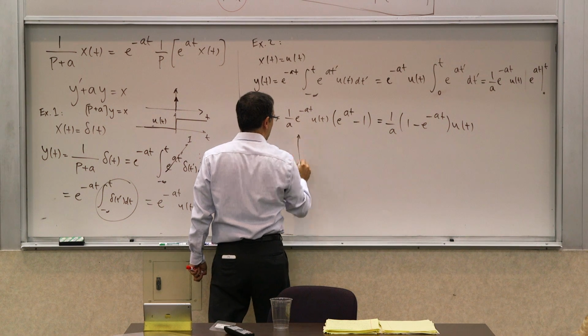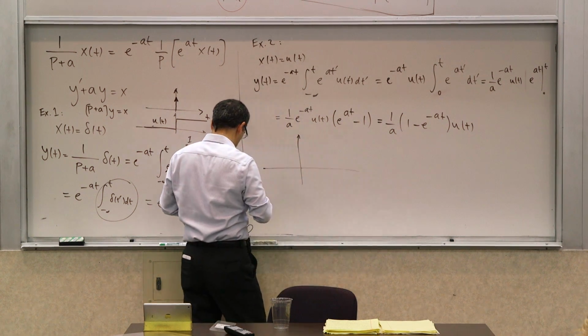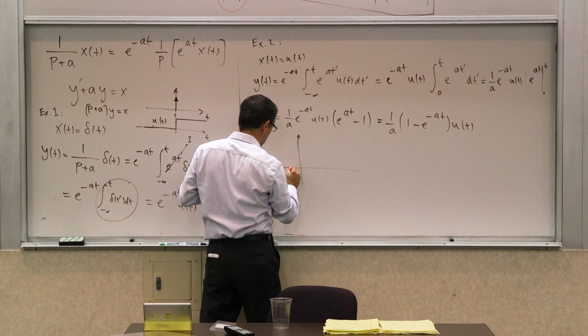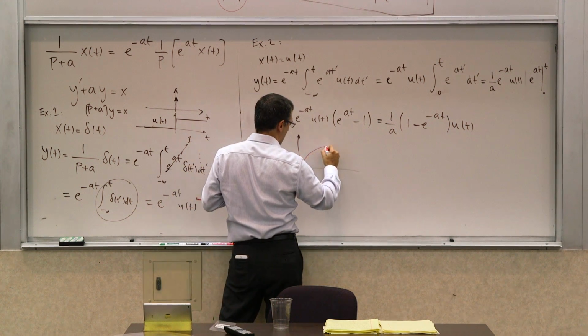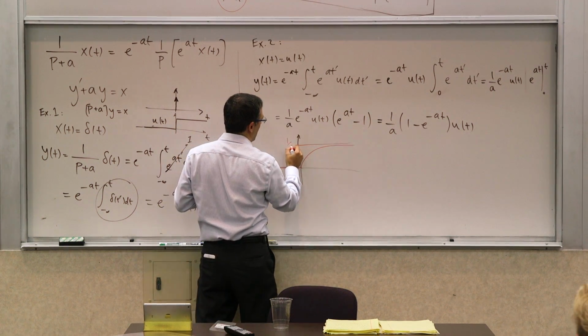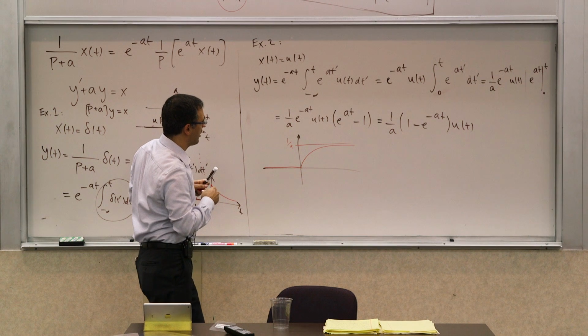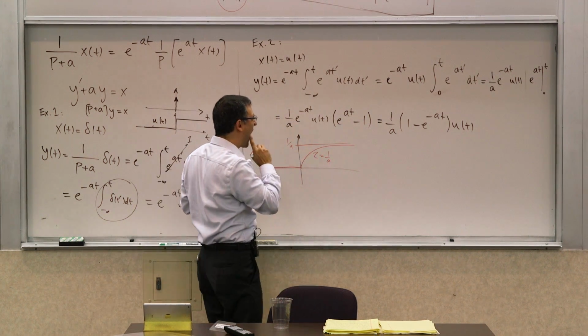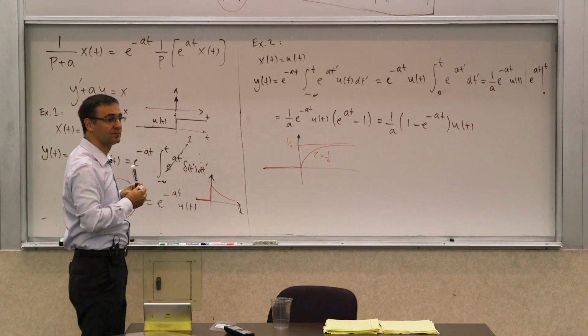If you look at it, you will see that it looks like this. It goes to 1 over a asymptotically, the time constant is 1 over a. And it's an exponential.